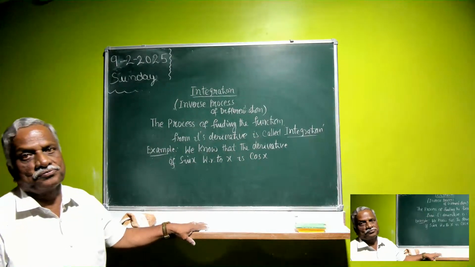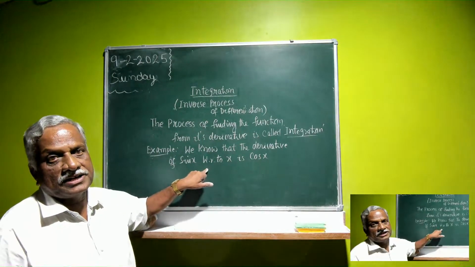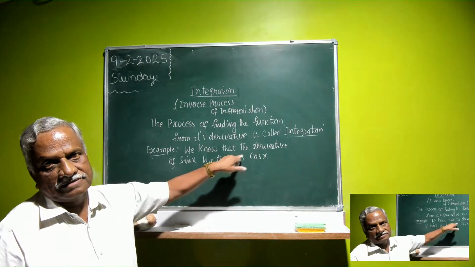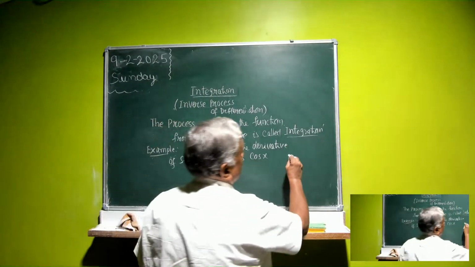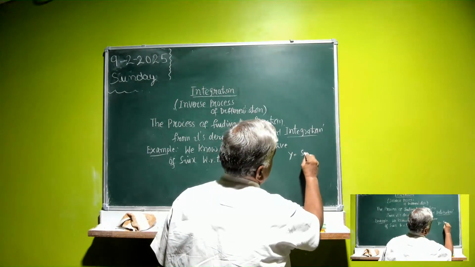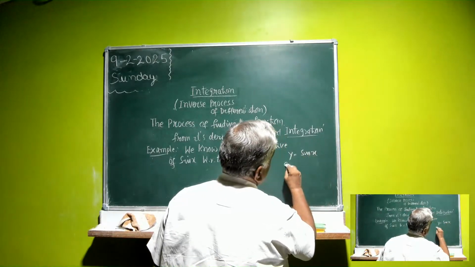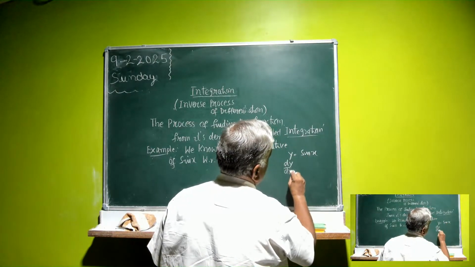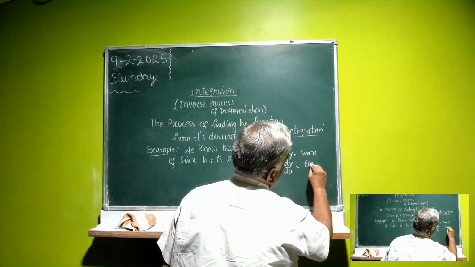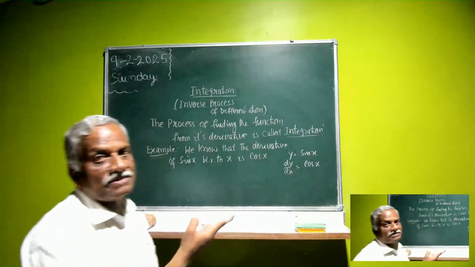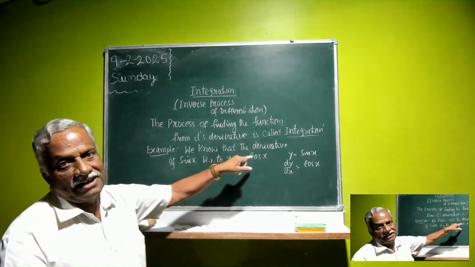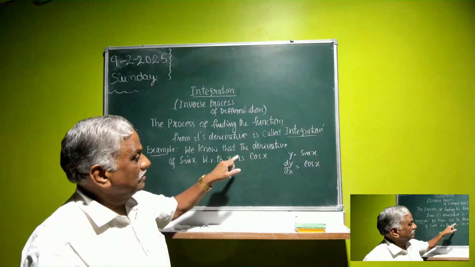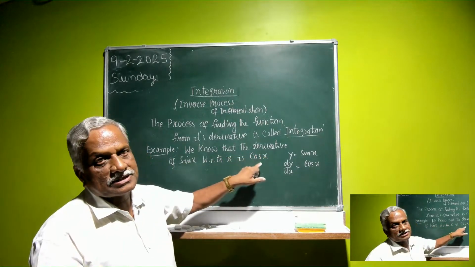All of us know, differentiating sin x with respect to x gives cos x. How do we write that? We say y is equal to sin x, then we write dy by dx as cos x. I've just written that in words: the derivative of sin x with respect to x is cos x.